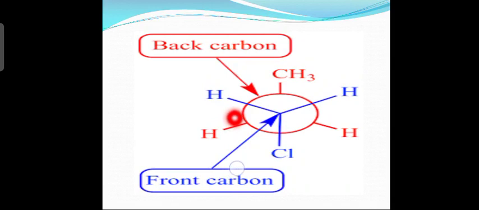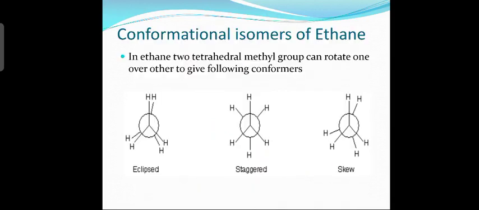Now the back carbon atom is represented by a circle, a red circle. This is the back carbon atom, and you can see the bonds attached to it are short. So the front carbon atom is blue colored, and the back carbon atom is represented by red color. Next slide.